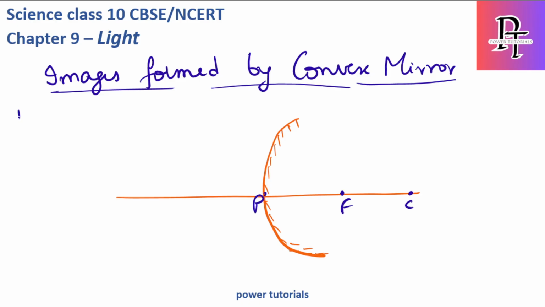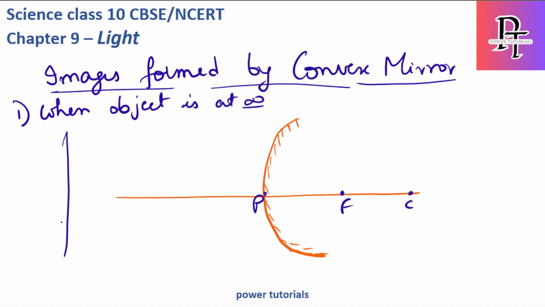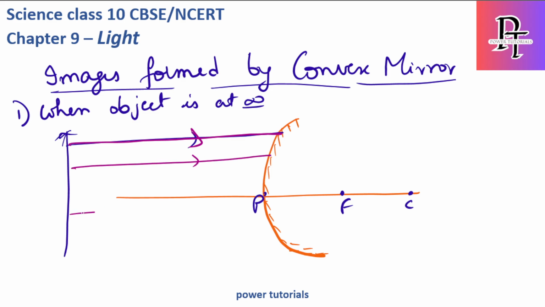First case, when the object is at infinity, somewhere here. When the object is at infinity, we have to follow the same rules. First, if the ray is parallel to the principal axis, I'll use a different color, let's use pink. What I told you is that a ray parallel to the principal axis should get reflected through the focus, but the focus is on this side.